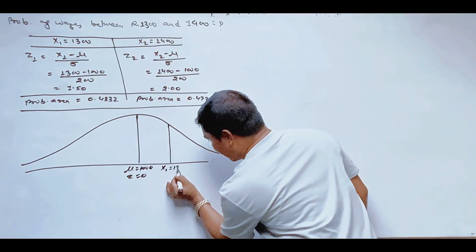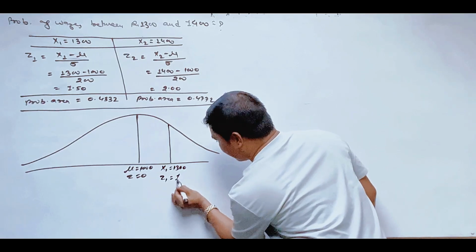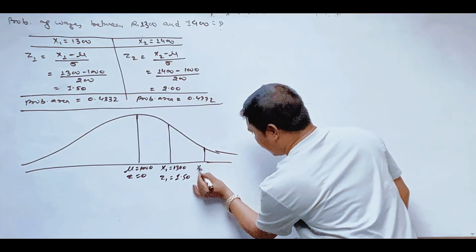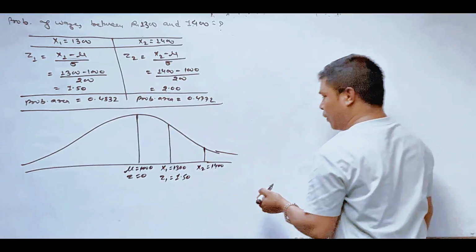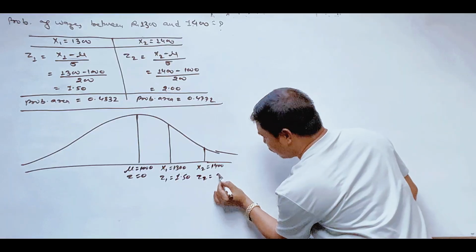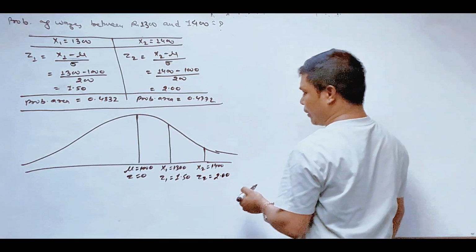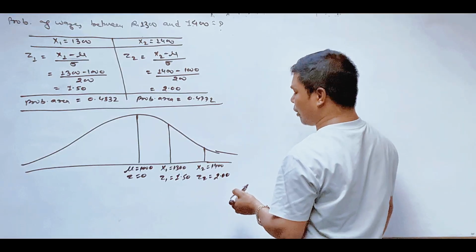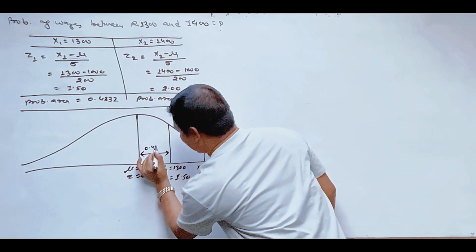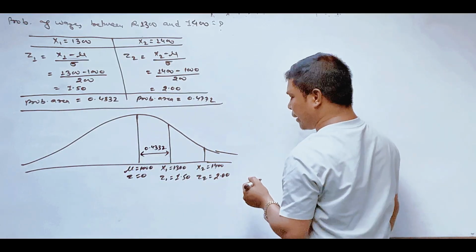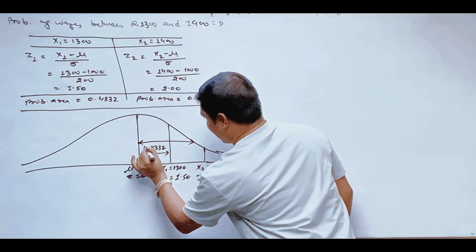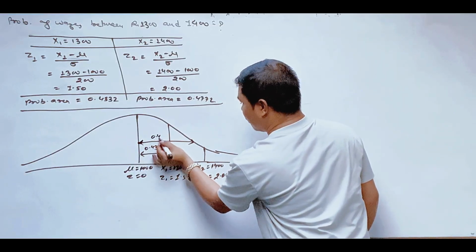X1 is 1300, Z1 is 1.5, and another variable x2 is 1400, which is higher than 1300, so it is located far right of the central value, and Z2 is 2.00. From the above information, the probability area of Z1 equals 1.5 from the central line is 0.4332, and the probability area at Z2 equals 2 is 0.4772.